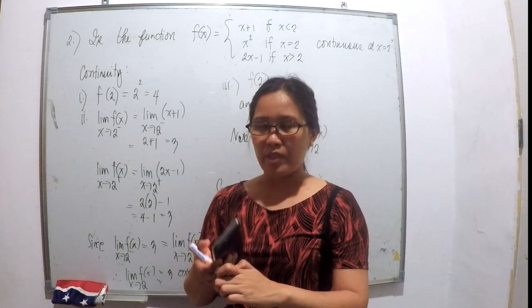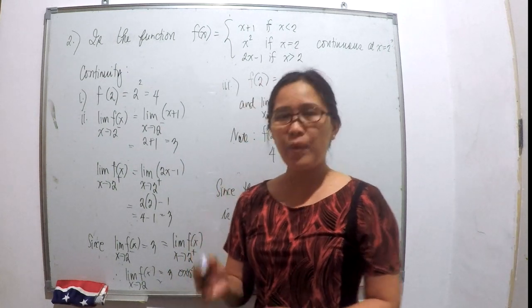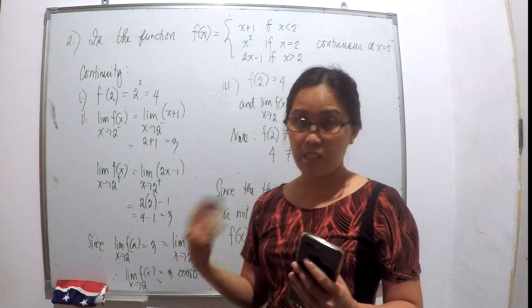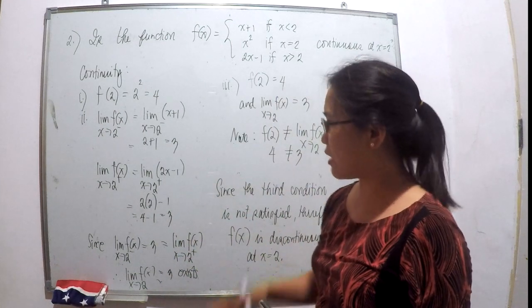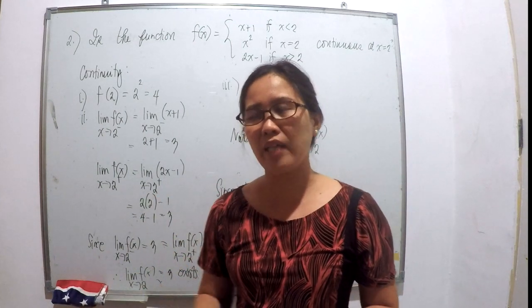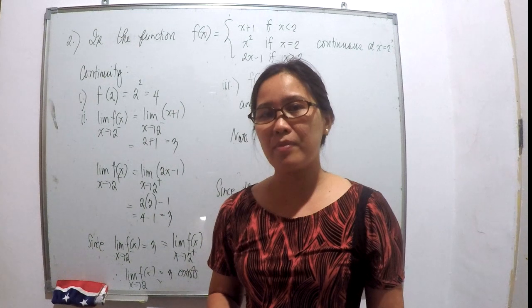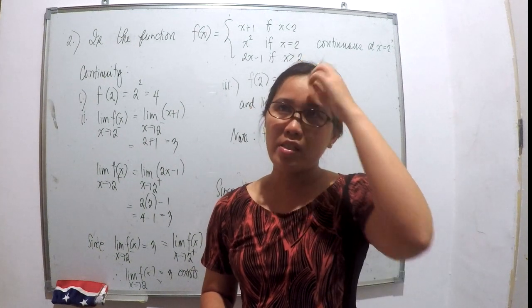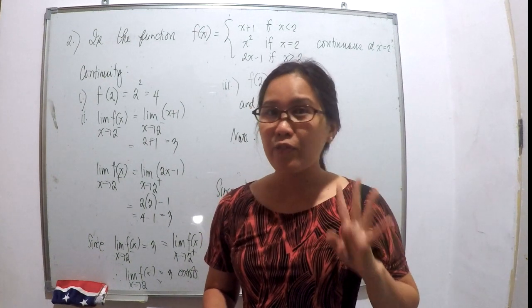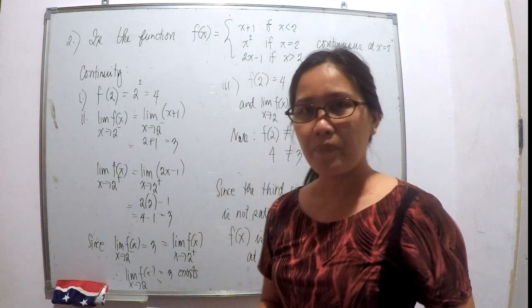Now, if we can determine that the function is discontinuous or not, we can move on to the types of discontinuity, because there are 4 types of discontinuity.